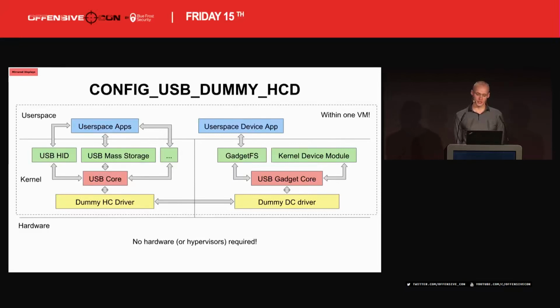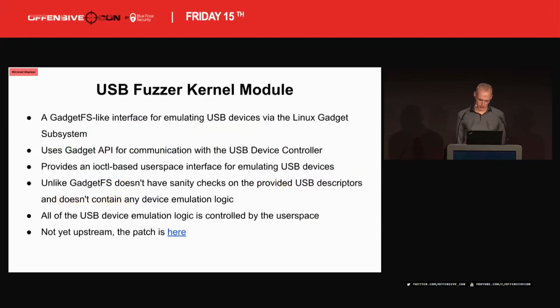And second, GadgetFS handles part of the communication logic, so it doesn't let you reply to every kind of packet. It handles some of them by itself. So at this point, I thought it's a good idea to write my own kernel fuzzer module, as I call it. If it's going to get upstreamed at any point, it might be upstreamed as a part of GadgetFS, but right now it's just a separate module.